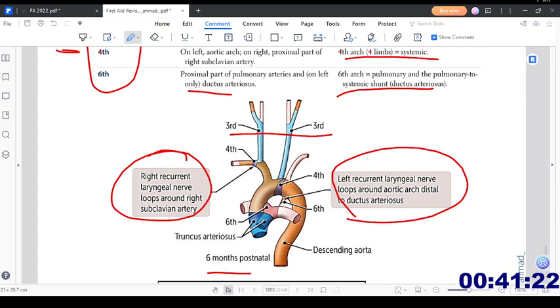The fourth aortic arch on the right side gives rise to the subclavian artery, while on the left side it gives rise to the arch of the aorta. The sixth gives rise to the pulmonary arteries, and both pulmonary arteries come from the sixth aortic arch, and on the left side specifically it also gives rise to the ductus arteriosus.